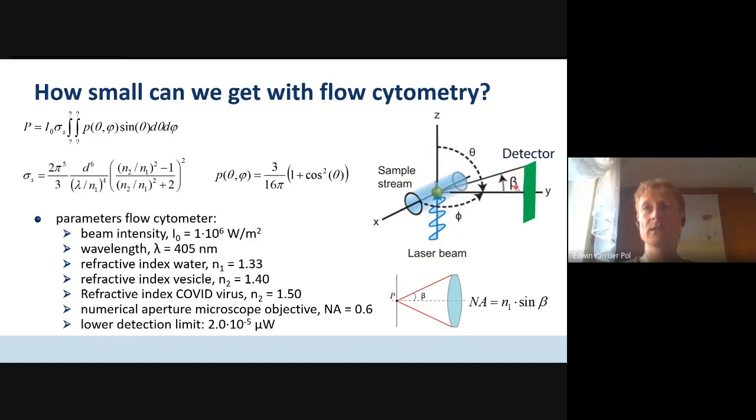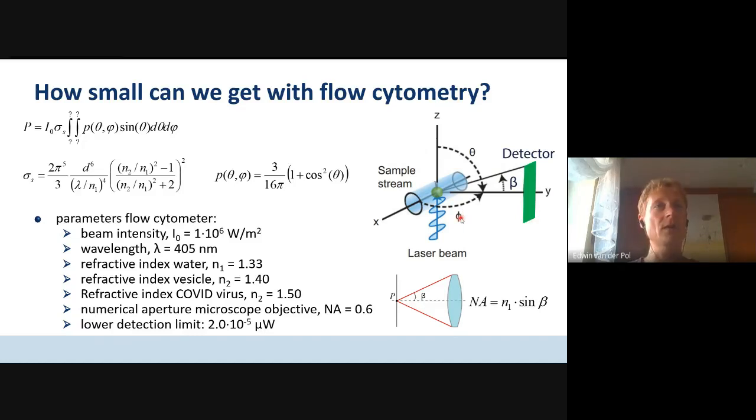The detection angles are given by the numerical aperture. So this beta here in the formula for numerical aperture is equal to the beta there. And that would be sufficient to define the boundaries of the integral for theta and phi.